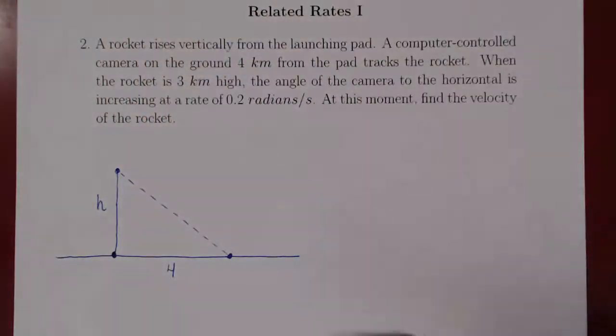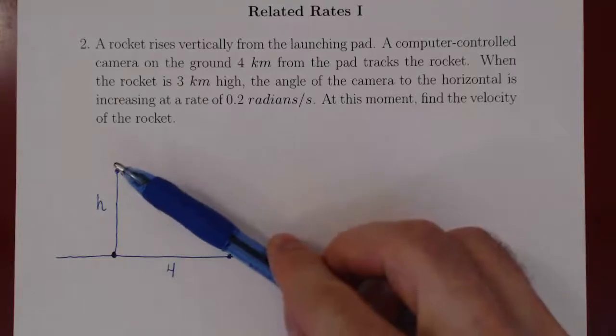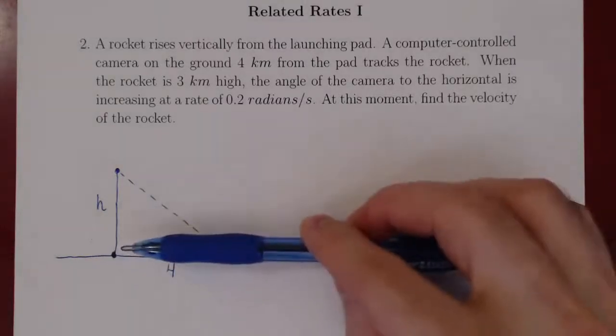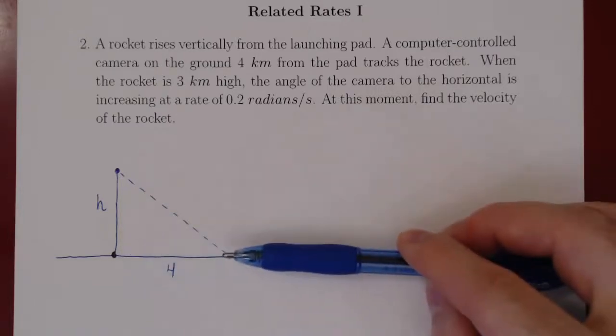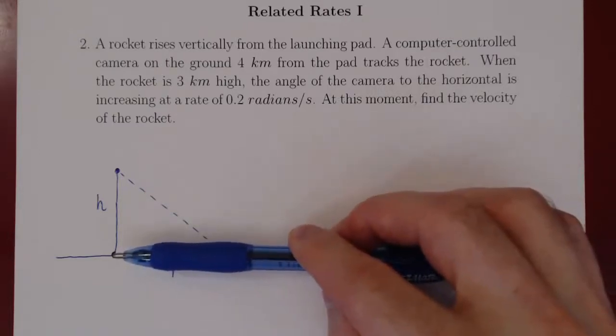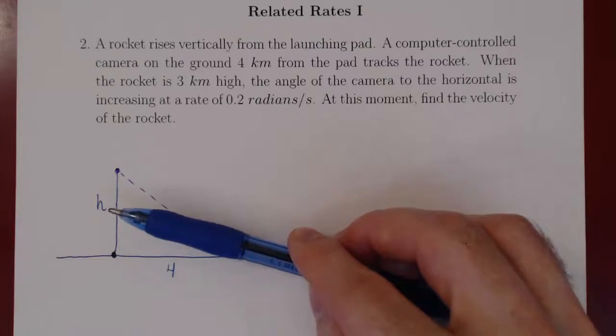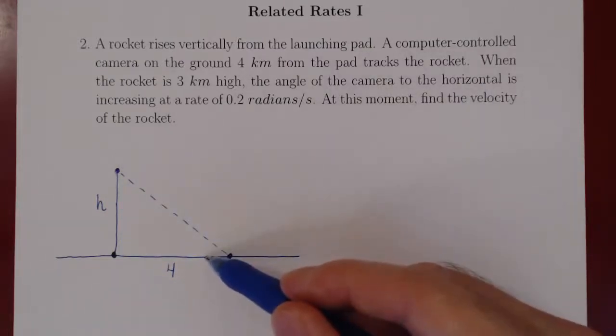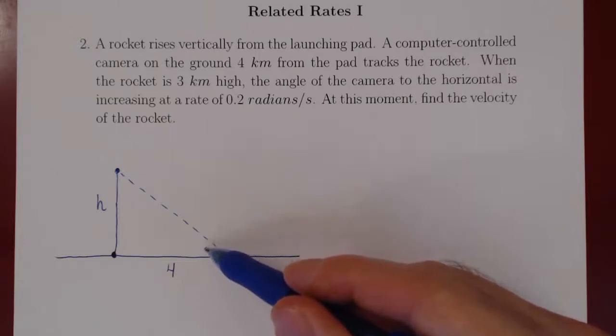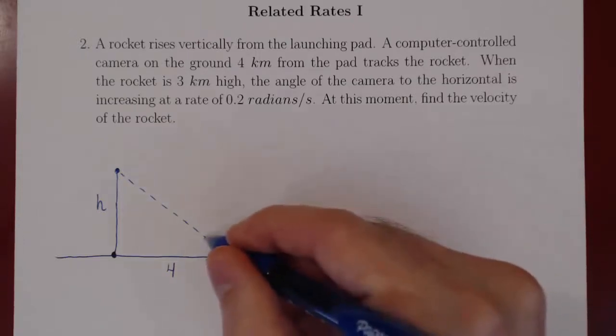Of course, this segment, the angle and the length will change because the rocket is at first on the launching pad, the camera is filming it, and then gradually the angle from the ground to the shooting ray will be changing.